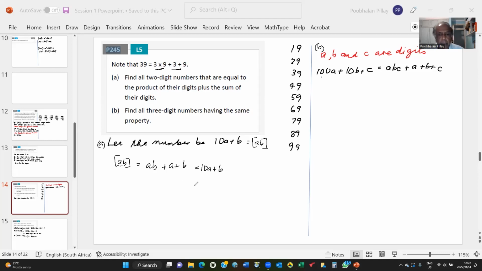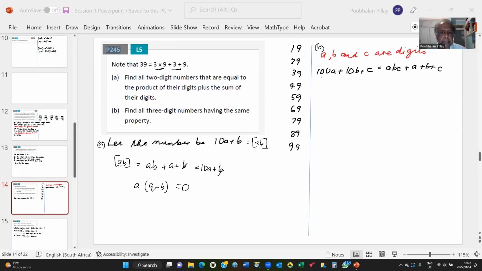Now, you got a nice little equation here. The B is cancelled, and you got 10A minus A, which is 9A. If you take out the A as a factor, you're going to get A into 9 minus B equals 0.